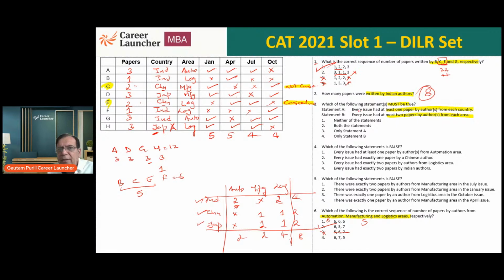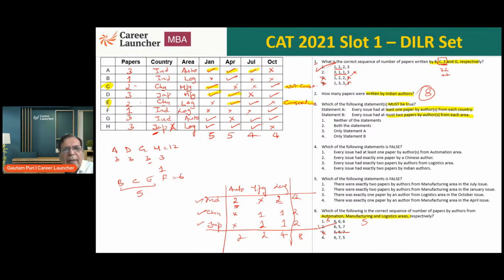Statement A says in question 3, every issue had at least one paper by authors of each country. Let's look at this one. Authors from each country. Do we have in January a paper by an Indian? Yes. In one India, one Japanese, one Chinese. Yes. So every issue had at least one paper by authors from each country. So January is correct. February, April, India, Japanese, Chinese, correct.